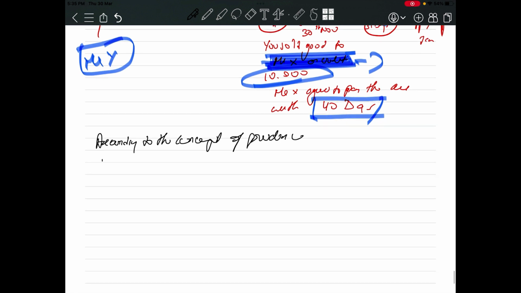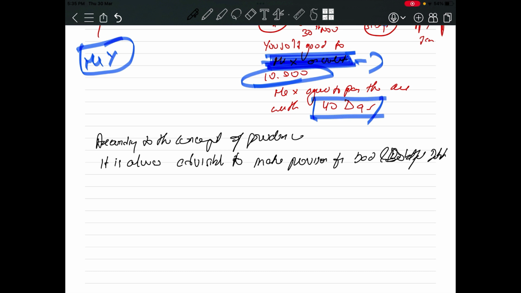It is always advisable to make provision for bad and doubtful debts. Now let me tell you a rule.